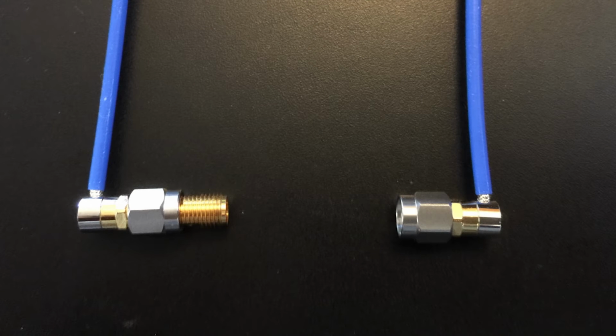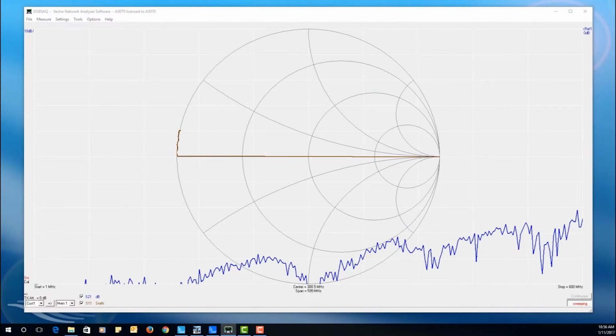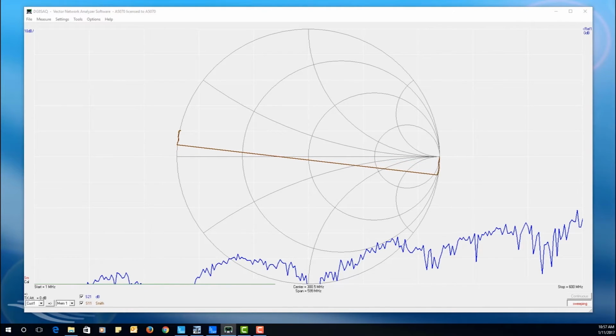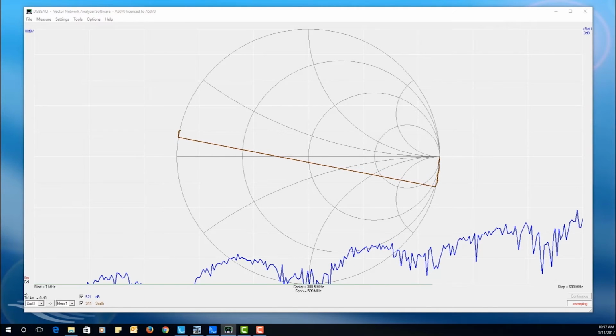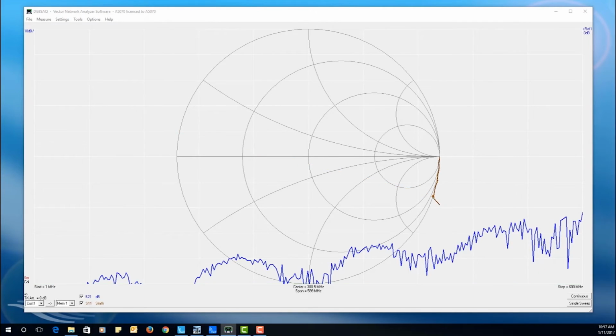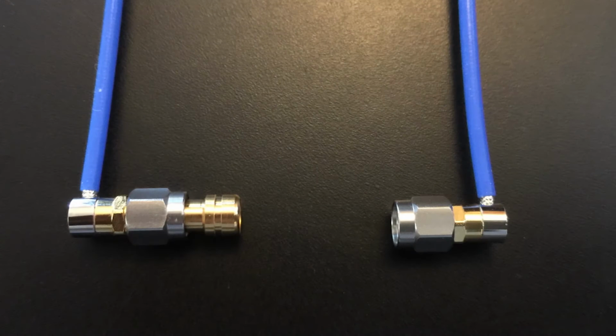Next, we connect the female-to-female SMA connector as the open connection and proceed with another scan. Now, we connect the 50 ohm load and scan again.